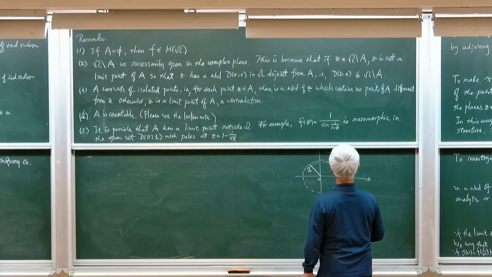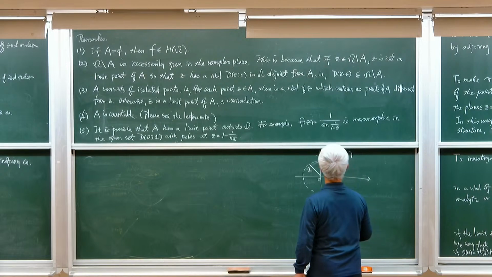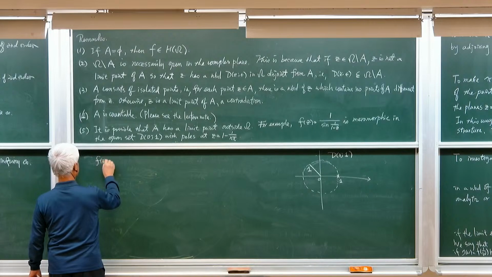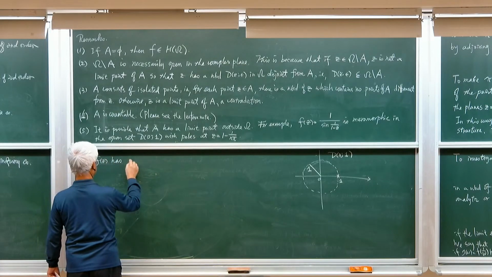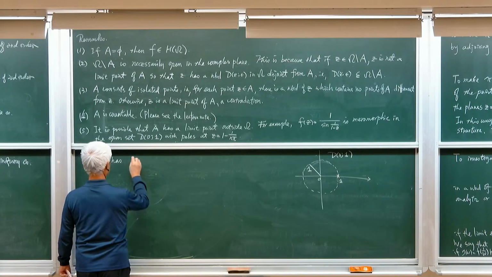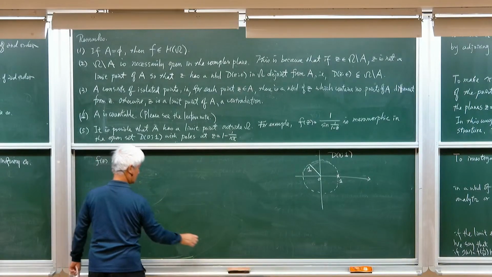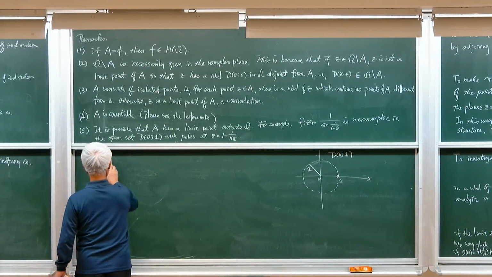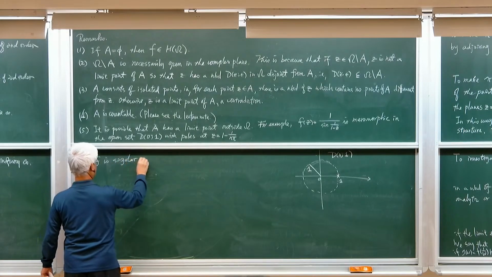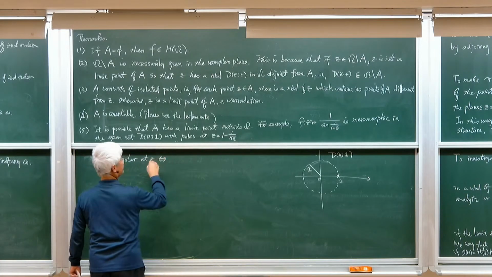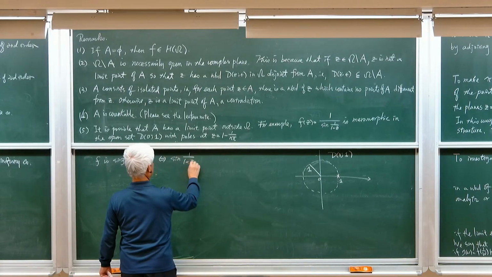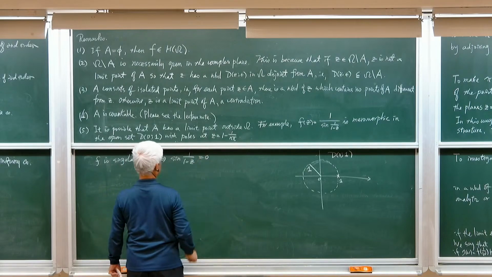f(z) is singular at z if and only if we can see that the sine of 1 over 1 minus z is 0.